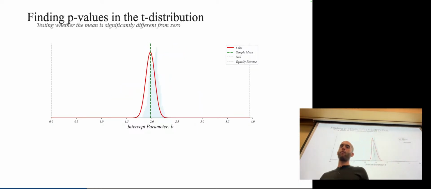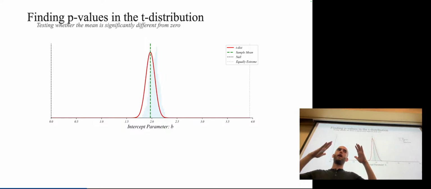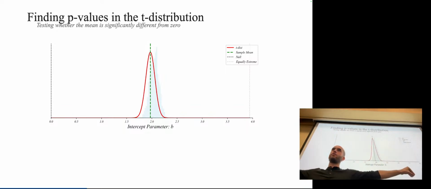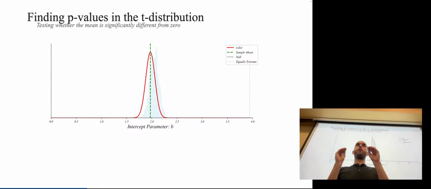So the way we perform this t-test is like we always do. It's mathematically equivalent to what we did last class. We can center the t-distribution on our sample mean and then check in the tails for something as extreme as 0. So here I have one observation, one sample mean, one sample B, the vertical intercept. And then I've centered the t-distribution on that B parameter, just under 2.